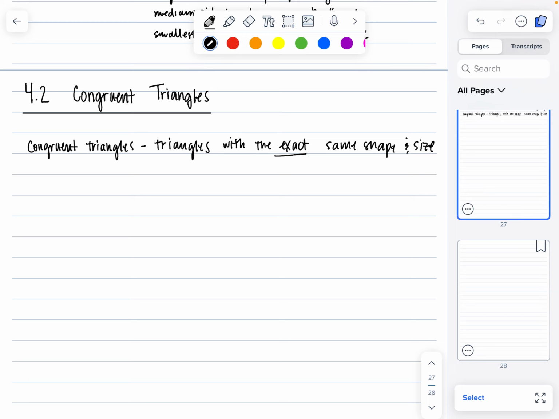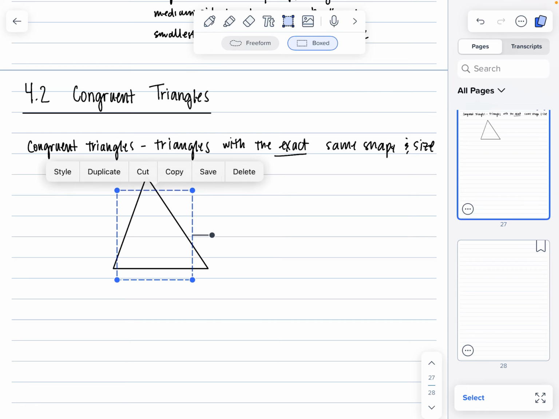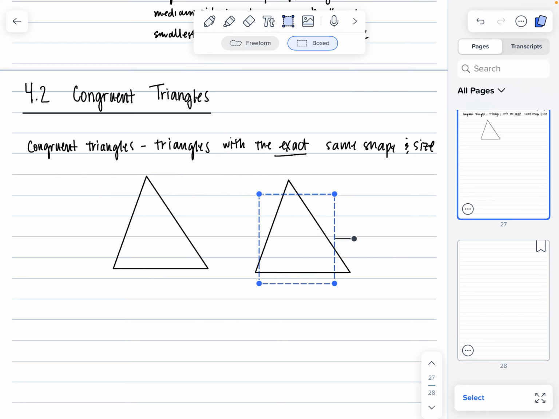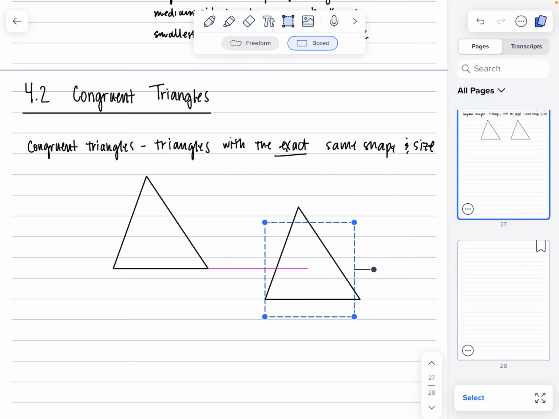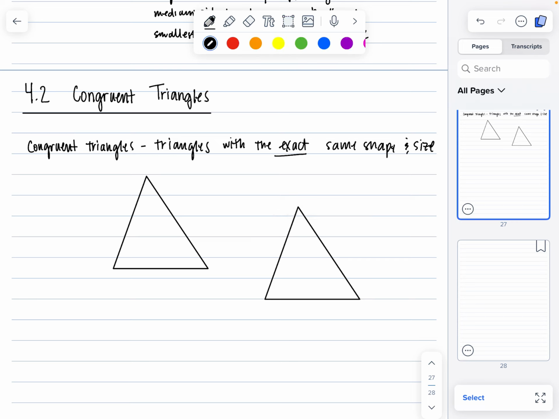Okay, so what I mean by this is if we have two triangles here, what I'm going to do is I'm going to highlight this, copy it, paste it, and line them up. Doesn't have to be lined up actually. Let's, for the sake of it, put it off alignment.